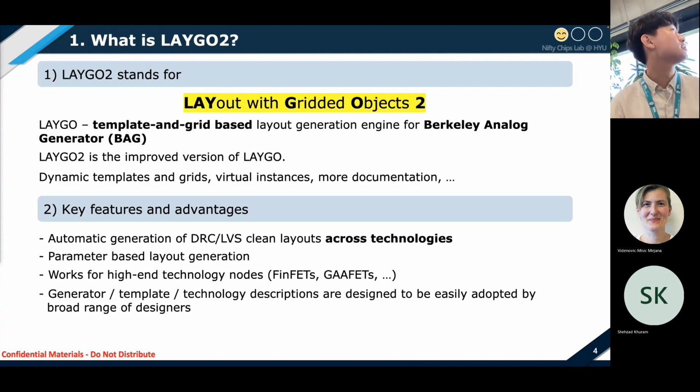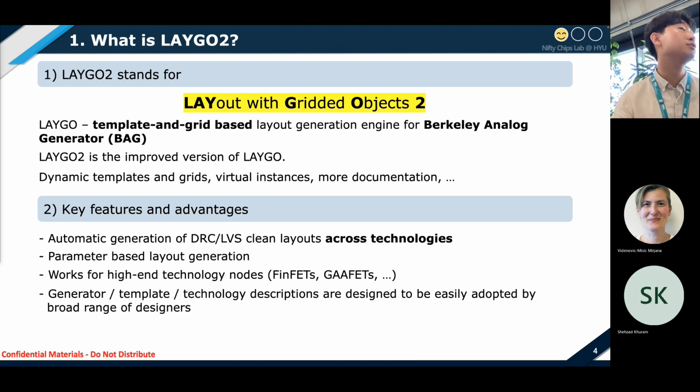LAYGO2 stands for the second version of layout with gridded objects. Originally LAYGO was developed as a template and grid-based layout generation engine for Berkeley analog generator, and LAYGO2 is the improved version of it. The key features are the following. LAYGO2 aims at the automatic generation of DRC and LVS clean layouts in various technologies.